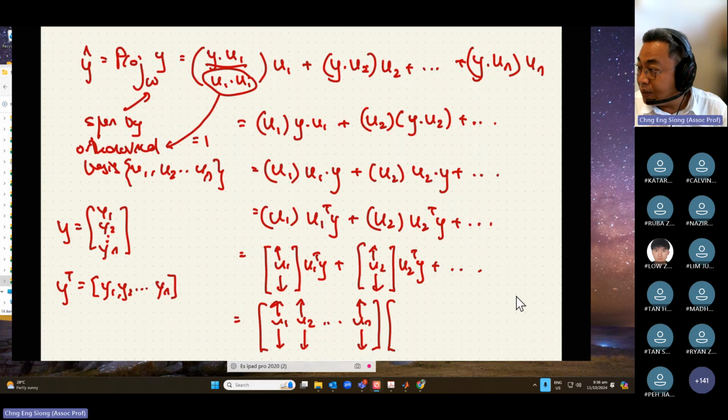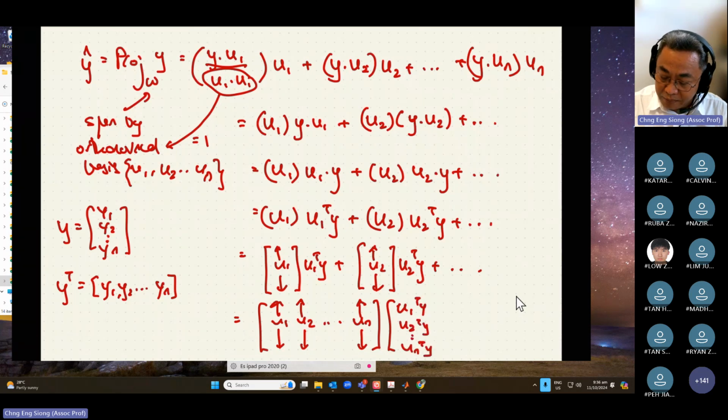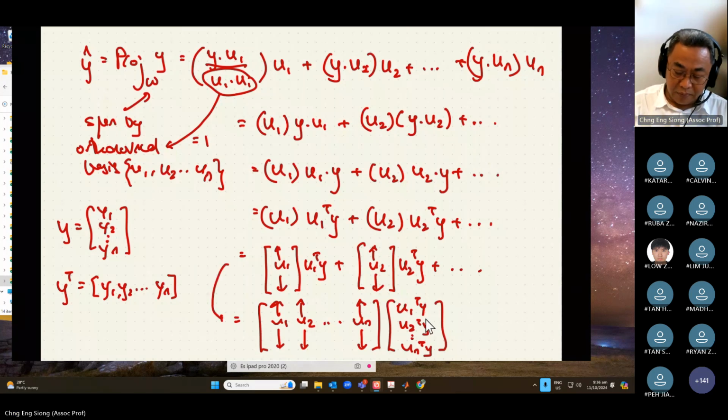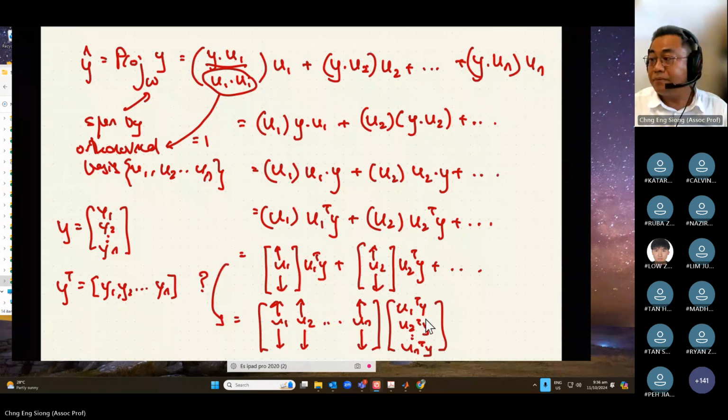U1 transpose Y and... Oh, very good. Yeah, you guys got the answer. U1 transpose Y, U2 transpose Y, UN transpose Y. So from this step to this step, any problem? No. Excellent.